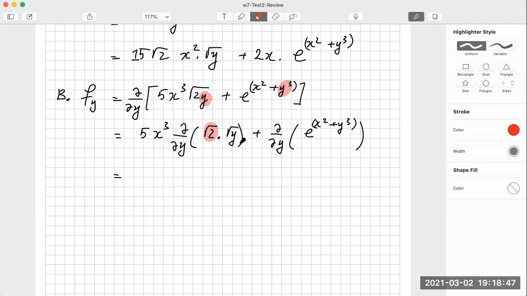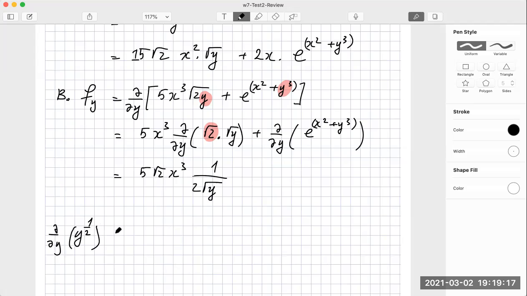And the derivative of square root of 2y, what is it? Correct. Or you can do it slowly. Here, square root of y you can write as y to the 1/2.